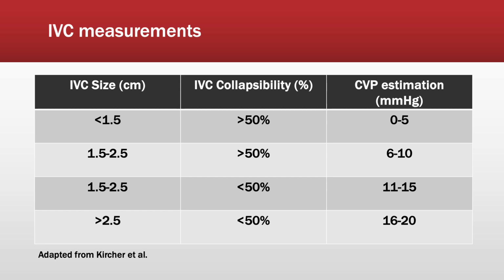However, I want you all to keep in mind that there are limitations, and all the limitations that essentially apply to central venous pressure also pertain to these measurements of the IVC. And then there are going to be other limitations that we're going to discuss in a couple more slides in terms of the numbers in the middle.